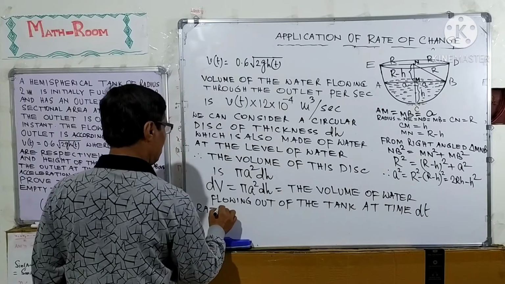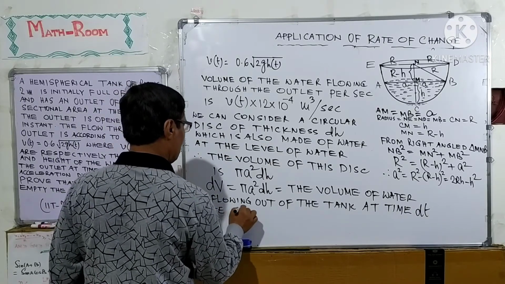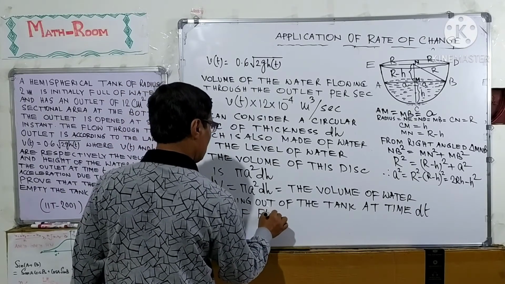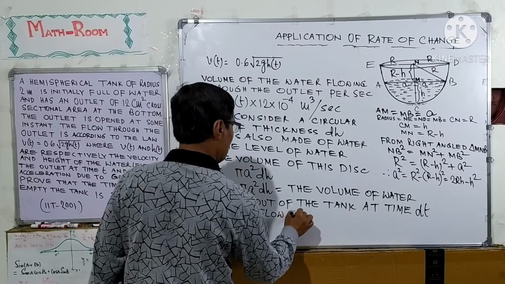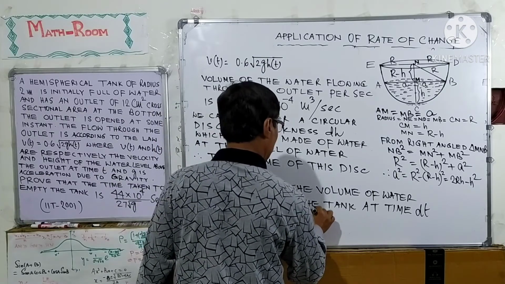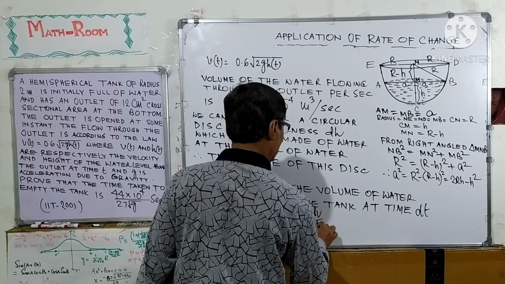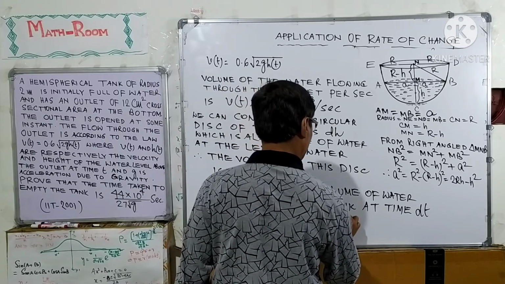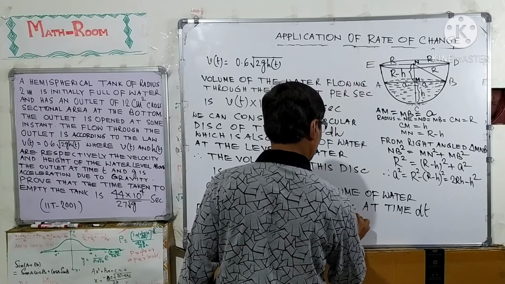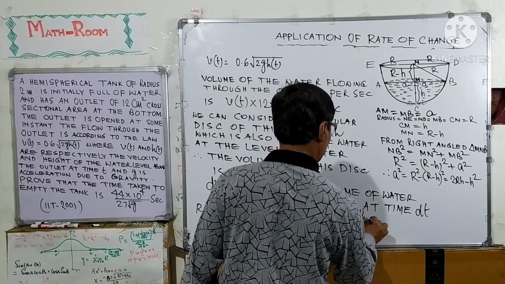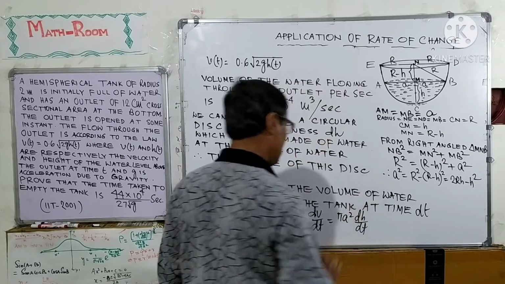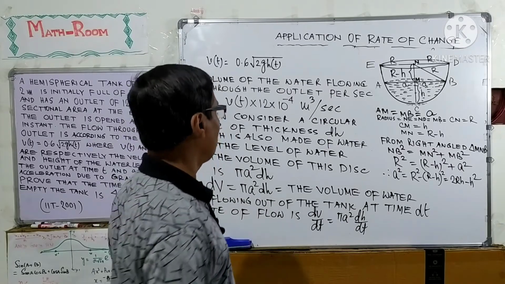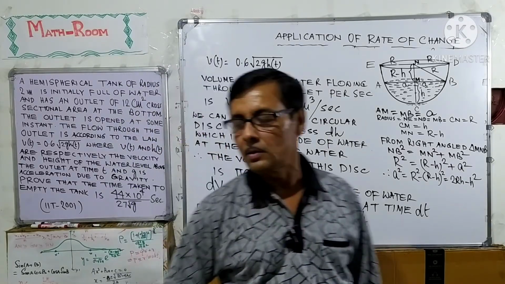So, rate of flow is dV by dt equal to pi s square dh by dt. This is the rate of flow.